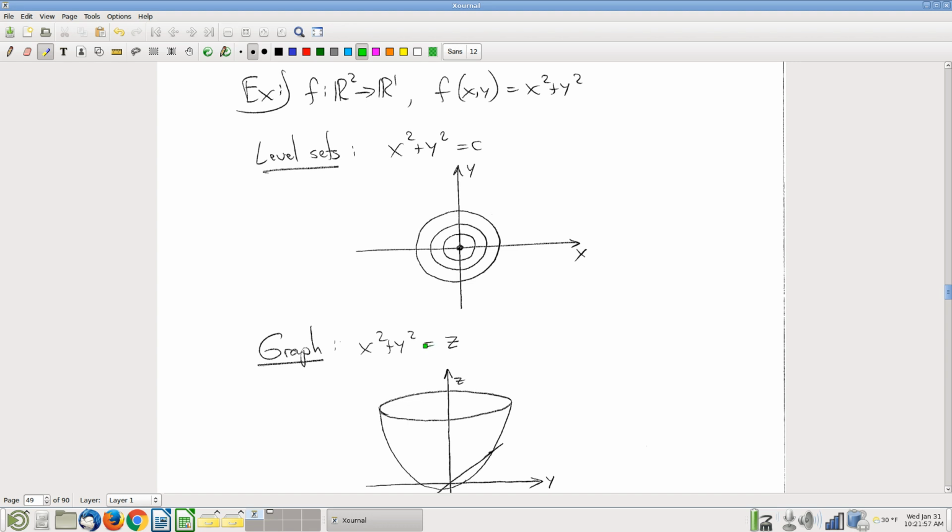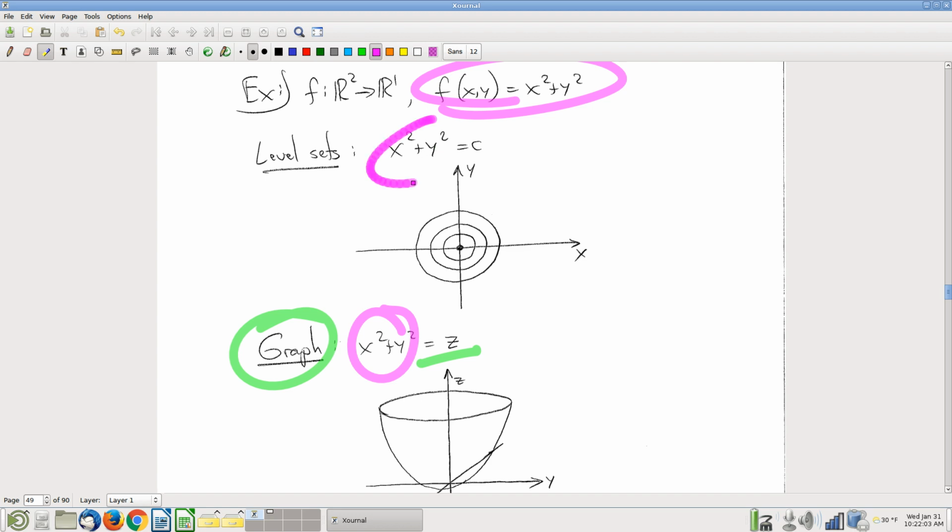Here's the graph of this function. That same function, here's a level set, or some level set of that function. Same function in purple. You see the two different constructions. Level set means set it equal to a constant. Graph means set it equal to a new variable.